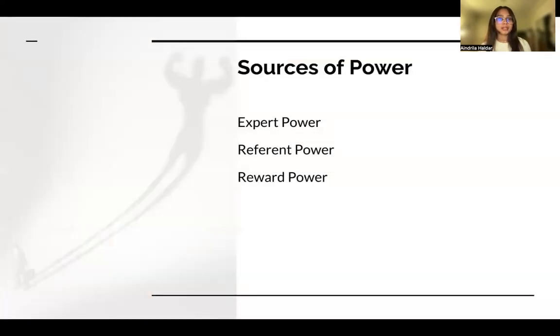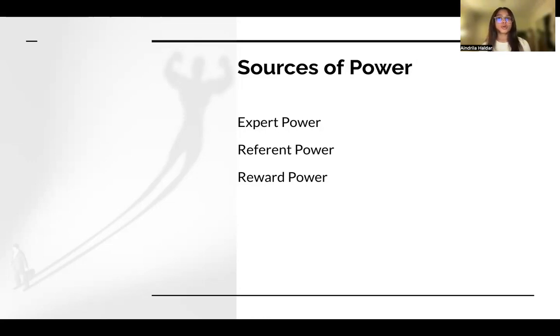Sources of power that will be utilized and will be beneficial for this implementation of change would be expert power, referent power, and reward power. Expert power would demonstrate expertise in donor engagement strategies and showcase knowledge of successful implementations in the nonprofit sector. Referent power will be built by fostering strong relationships with influential figures within the organization who can advocate for that change.